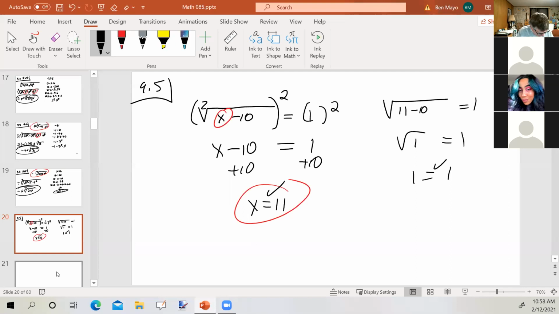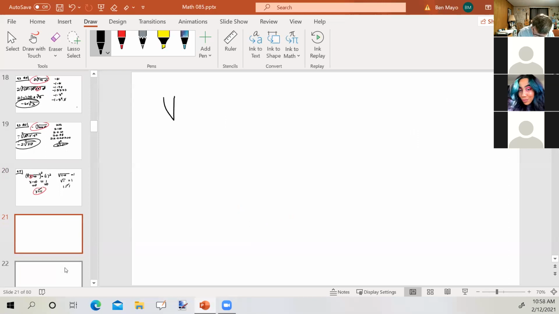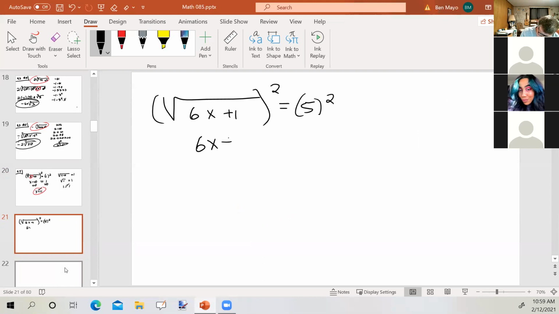All right, let's take a look at another example. We have a radical, the square root of 6x plus 1 equals 5. Again, we have a single radical. It's already isolated. We're going to square both sides of the equation. So I get 6x plus 1 equals 25. I'll subtract 1 from both sides. 6x equals 24.